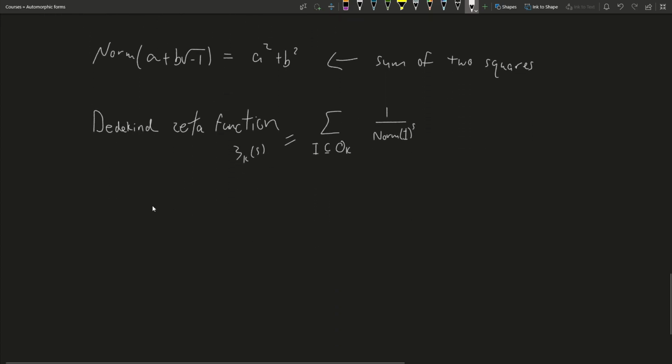The Dedekind zeta function has this property for quadratic fields K, that it is equal to zeta of s times L(s, chi). Well, maybe I won't write chi here. Maybe I'll just write this Kronecker symbol. I believe it's the discriminant and not d. Let me see if I can check real quick.